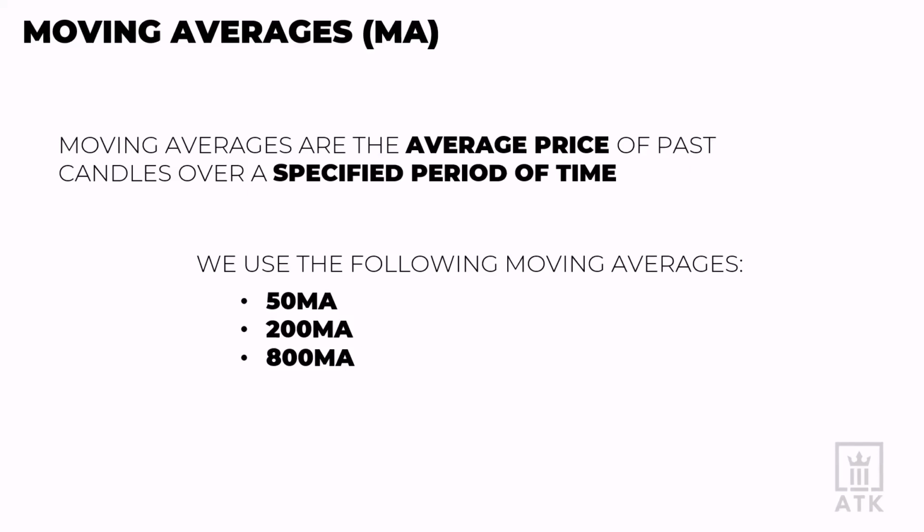So if I'm on a 5-minute chart, it would be the last 50 5-minute candles. If I'm on a 1-month chart, it would be the last 50 1-month candles. 200, the same thing. The 200 MA is the average price of the last 200 candles. The 800 MA is the last 800 candles, looking left.